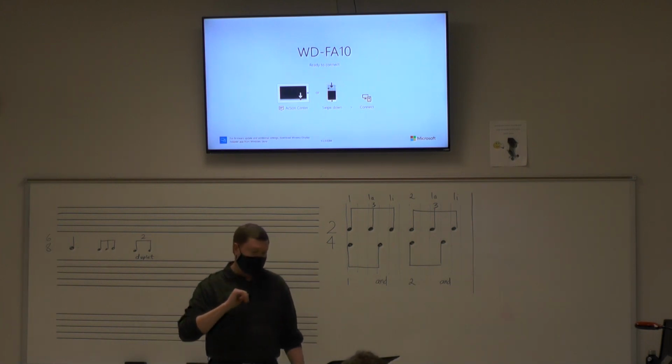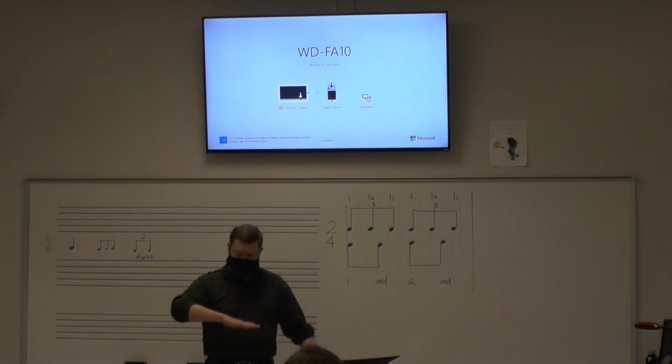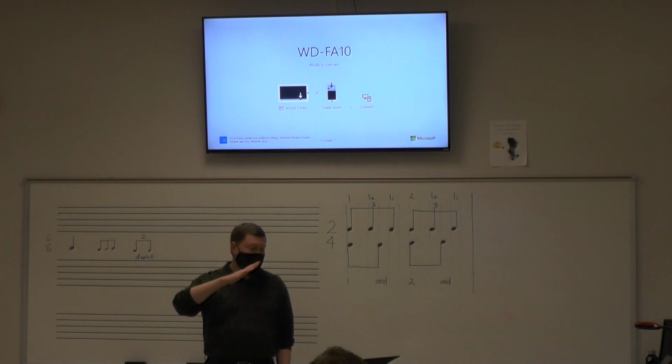Starting on beat 2. 1. Mi, sol, do, mi, re, fa, mi, do, re, fa, mi, do, re, ti, do. Repeat. Mi, sol, do, mi, re, fa, mi, do, re, fa, mi, do, re, ti, do.